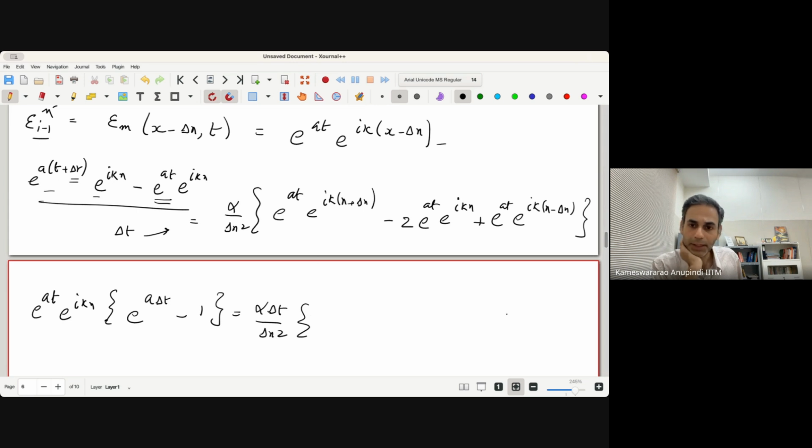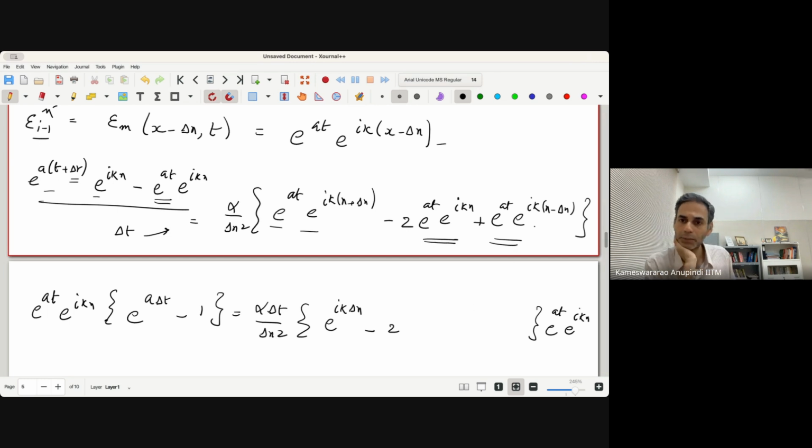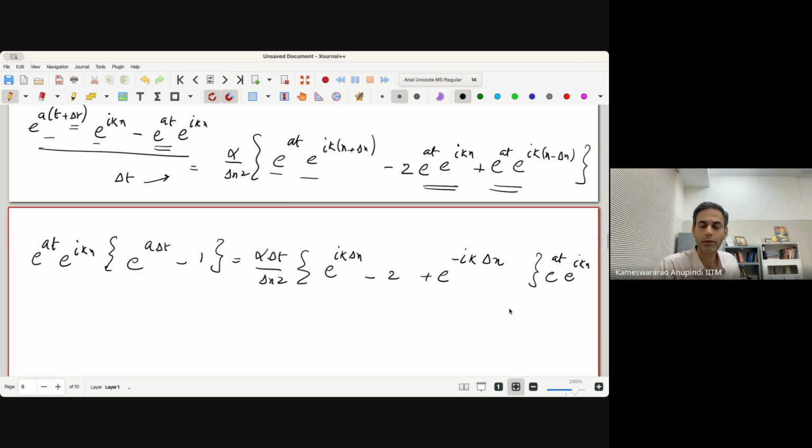And then I will take out e to the power at times e to the power ikx as common. That means here what remains in the first term is e to the power ik delta x, minus just 2, plus e to the power minus ik delta x. Okay. That's what remains.